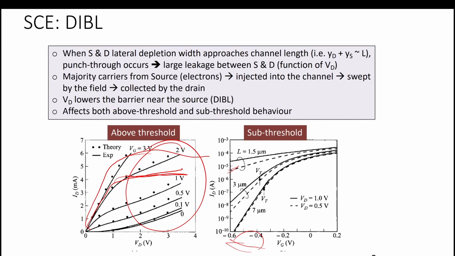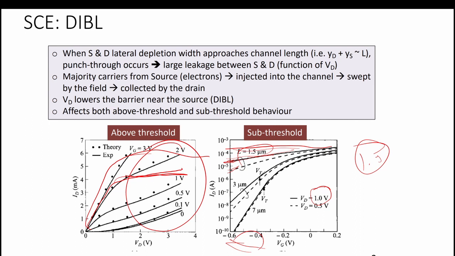With the application of VD of 1 volt, which is constant, for a very short channel of around 1.5 micron, the current is very high in this region, which is not desired. Actually, it is not turning off. The on-off ratio is nothing, it is less than 10.